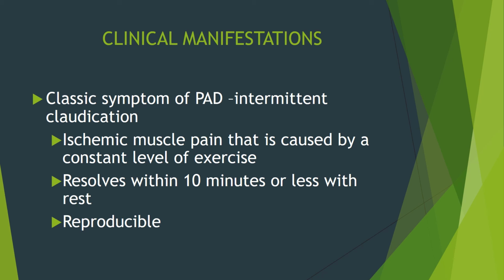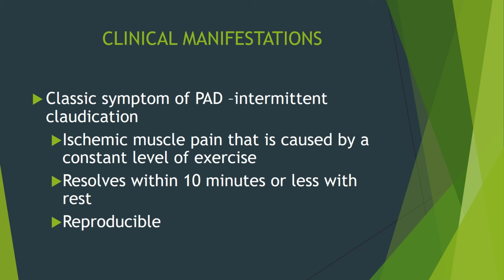And so they get the lactic acid and it builds up and it starts to cause pain, and so they stop whatever they're doing. And once they stop, their oxygen demand goes down, and all of a sudden they're getting enough oxygen to their lower extremities. The lactic acid is cleared, and voila, the pain goes away. So it's a pretty simple process, really.